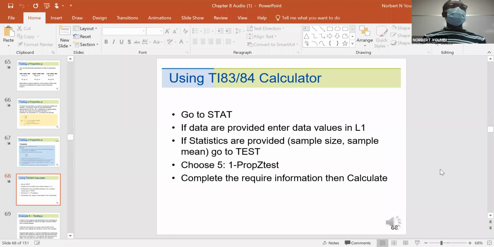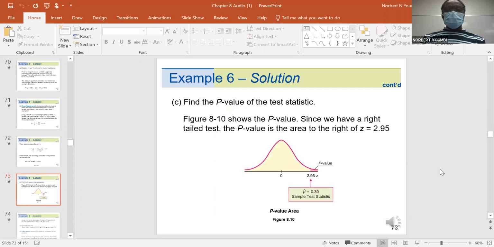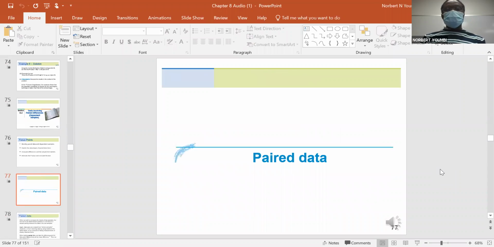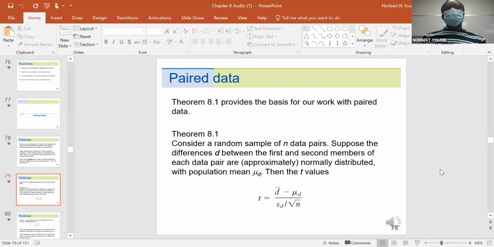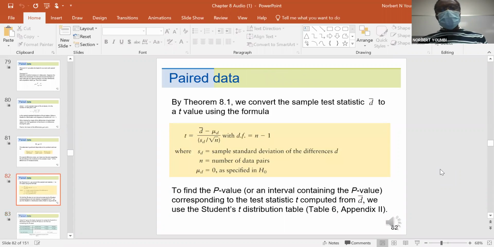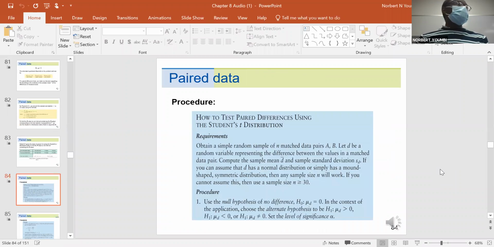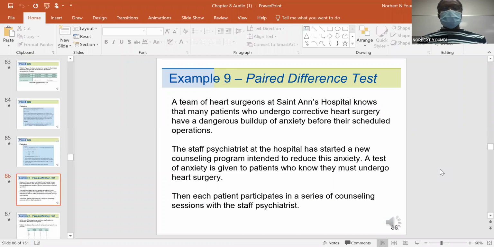If the population is normally distributed or the sample size is large enough, we can either use the Z or the T distribution to test the null hypothesis. We use the Z distribution when sigma is known and the T distribution when sigma is unknown. In the case of paired data, we take the difference and test the difference as a single distribution.